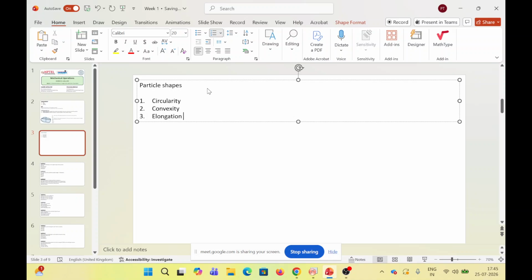Any guesses on what it can actually represent? The circularity means the particles may be circle shapes. Okay. For convexity and elongation? The convex, concave shapes.